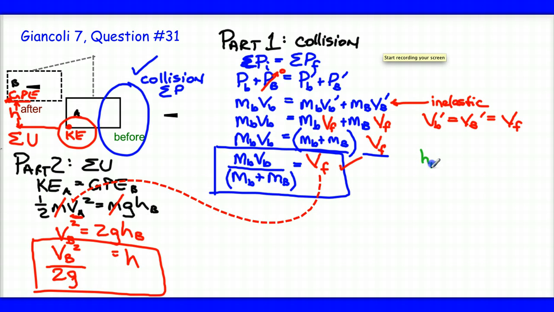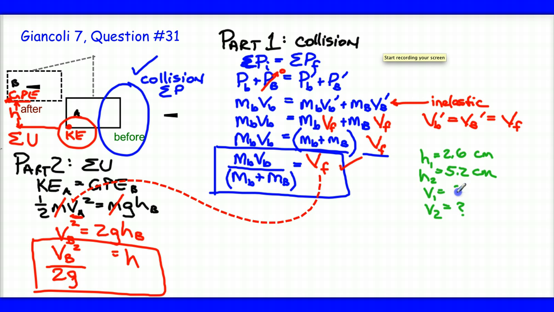So we did a test, and h1 was equal to 2.6 centimeters. And h2 was 5.2 centimeters, or twice as high. So then the question is, how much faster was V2 compared to V1?